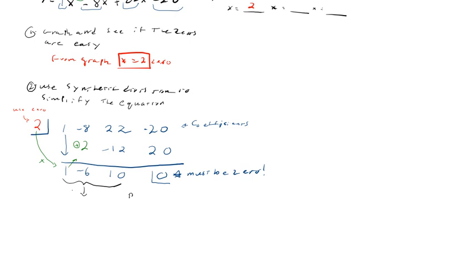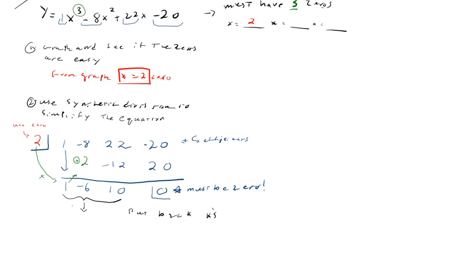We started with a cube. We started with the power of 3. When you do the division, it reduces the exponent by 1. So this was a power of 3. All these ones had x to the power 3. This starts out with x to the power of 2. And so I now have 1x squared minus 6x plus 10.